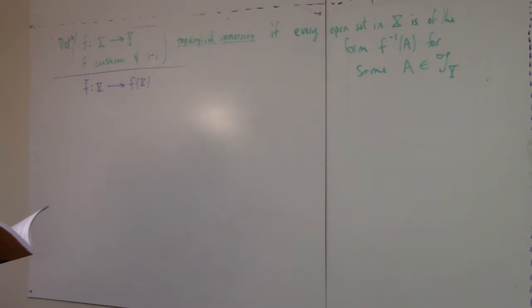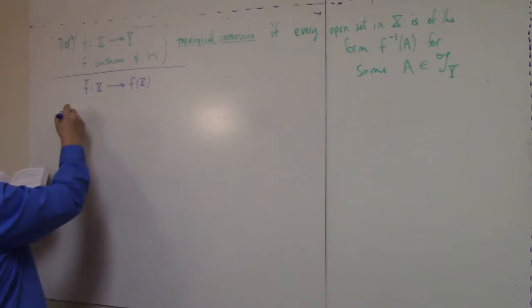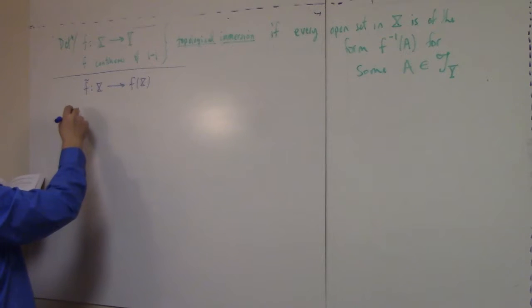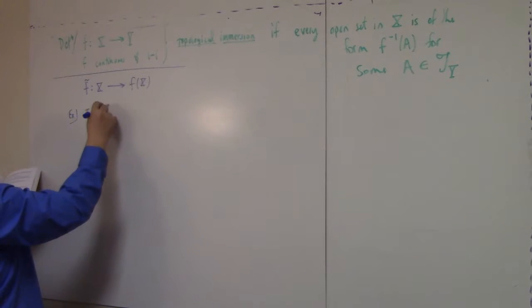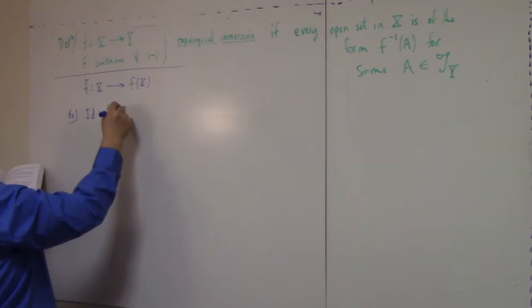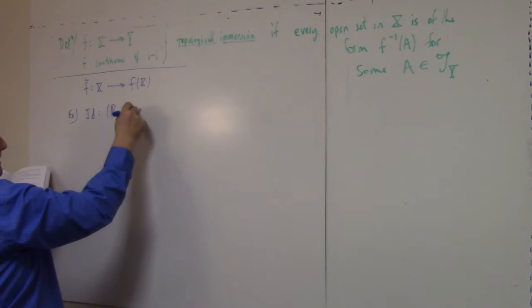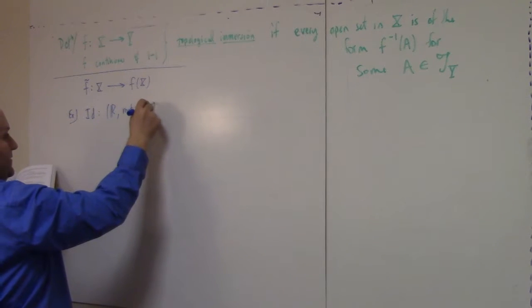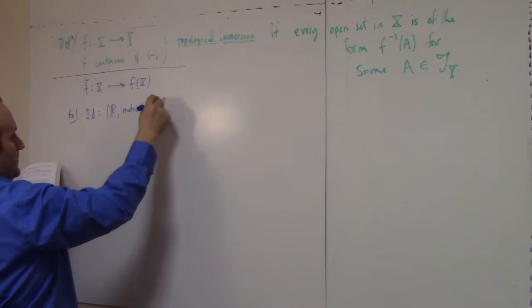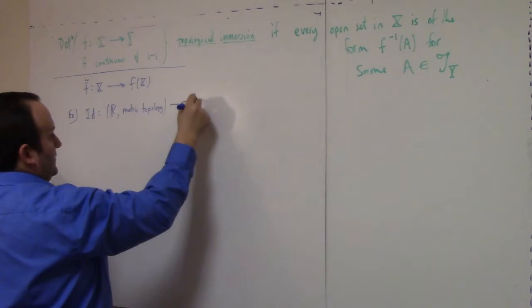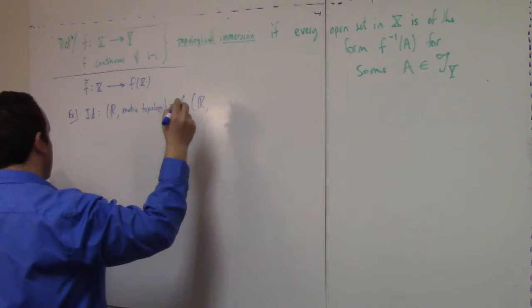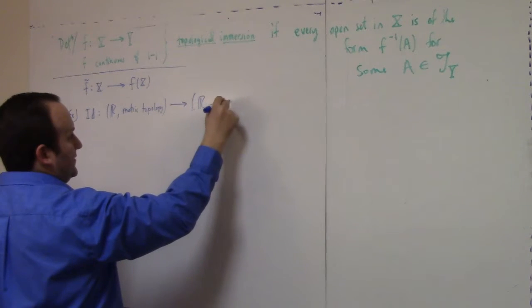Now, he points out not all continuous injections are immersions. Here's an example. Look at the identity map from the reals with the usual metric topology, the Euclidean topology, to the reals given the trivial topology.